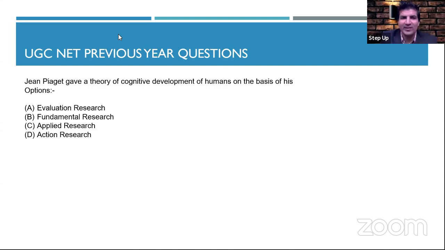Now, how do you give a theory, guys? On which research do you produce theories? Remember, I've just told you it is fundamental research, okay? So you give theory on the basis of fundamental research, okay?